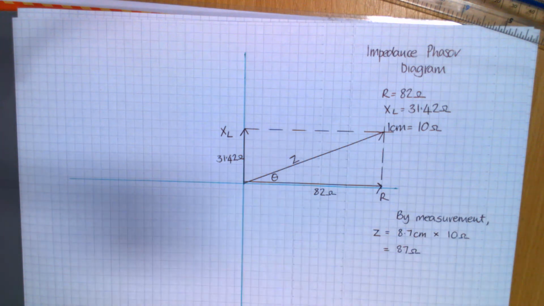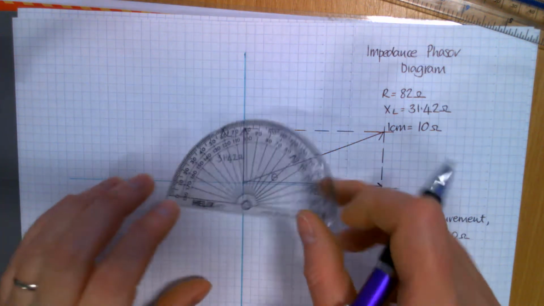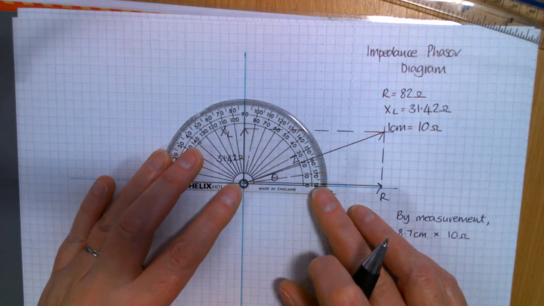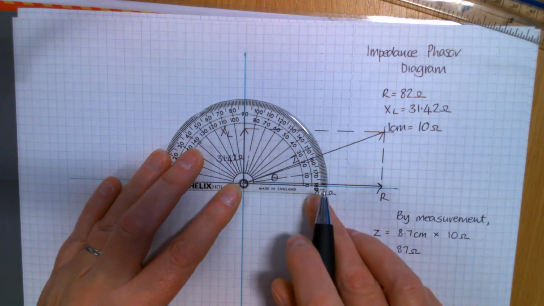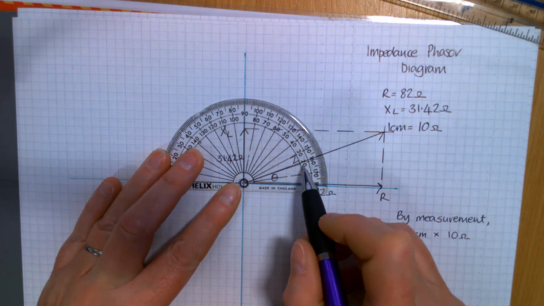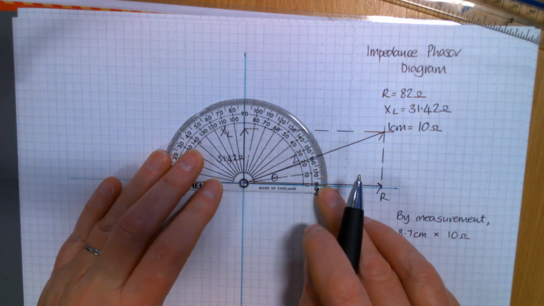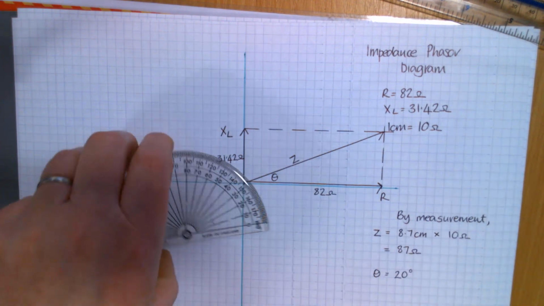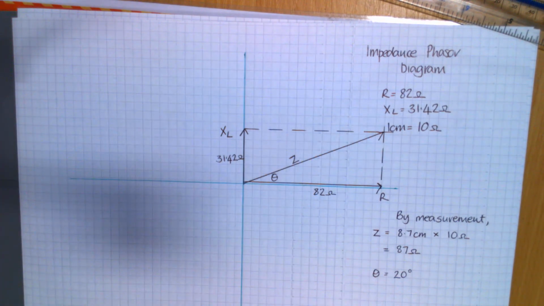So I've measured it as being 8.7 centimetres. Each centimetre equals 10 ohms, so that should be about 87 ohms by measurement. For the circuit phase angle, counting up on my protractor, 10, 20, I think it's about 20 degrees. So that's what I've got. They're both by measurement.